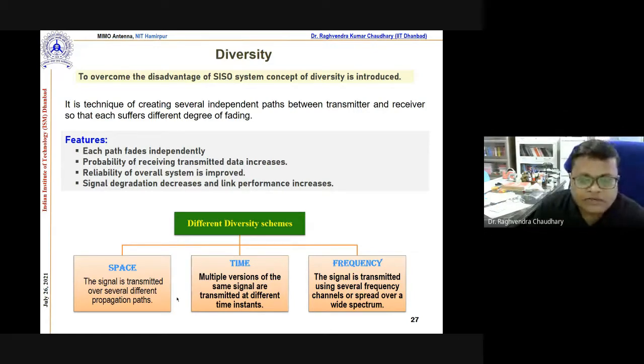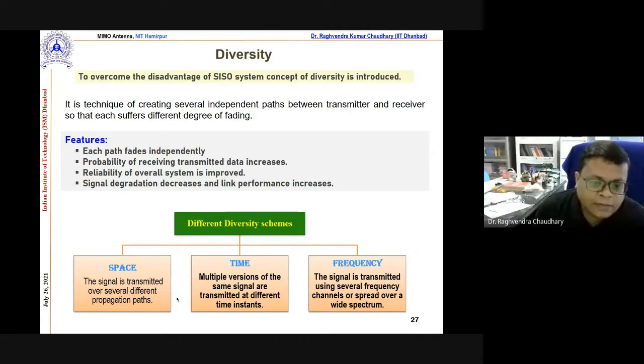We have different types of diversity schemes, like space, time, and frequency, so that each fades independently. This is a good thing. Introducing a number of diversity schemes gives high reliability. The probability of receiving data will increase, reliability will improve, signal degradation decreases, and the link performance will increase.